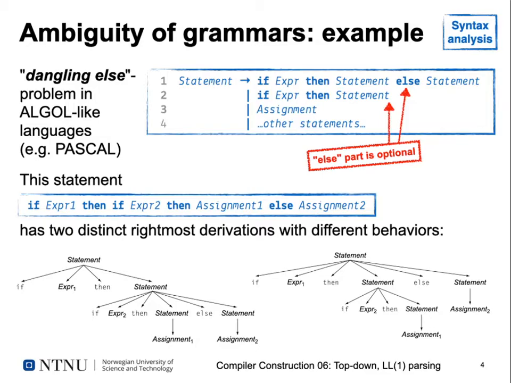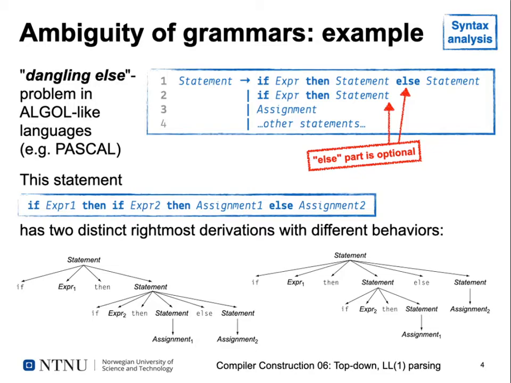If we use this very simple grammar here, from a statement we derive a terminal symbol if, a non-terminal symbol expression, terminal symbol then, non-terminal statement, terminal else, and non-terminal another statement, or if expression then statement. Our compiler has a problem to decide: does this else belong to the current if expression it's looking at now, or to maybe another one that came before this?